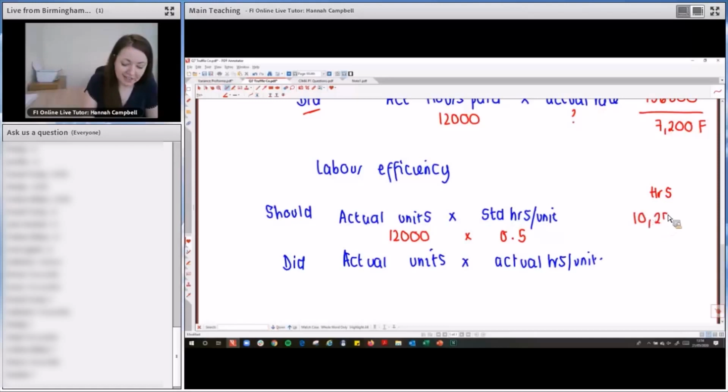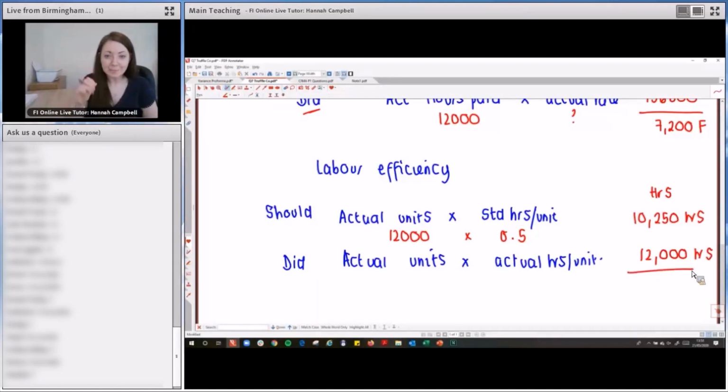So this is 10,250 hours. We've not multiplied anything by a monetary value. Actual units multiplied by actual hours per unit is just what we actually took to make these batches, which in the question was our 12,000 hours.